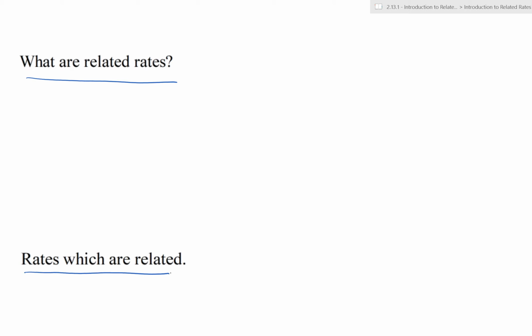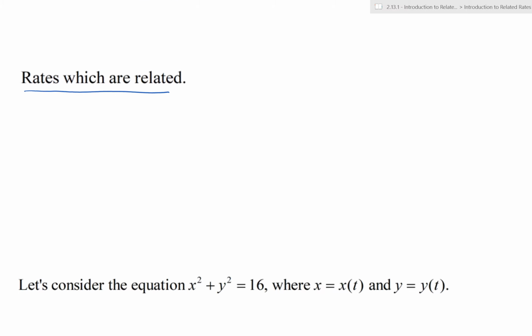You may have multiple rates within a given equation, and hence they're related in one way or another. We'd like to introduce this idea before we get into the more robust applications of this. So let's take a look.